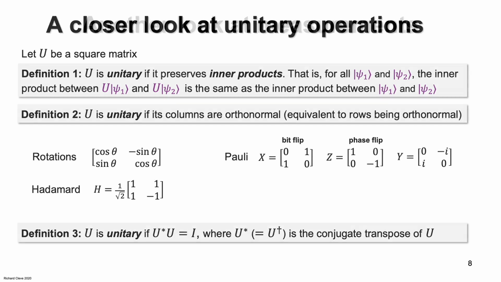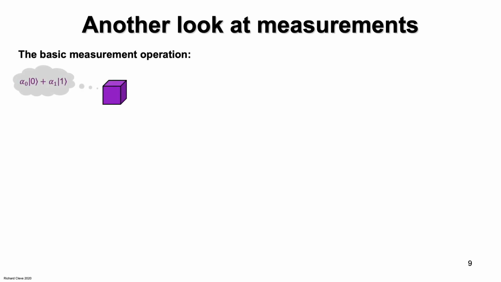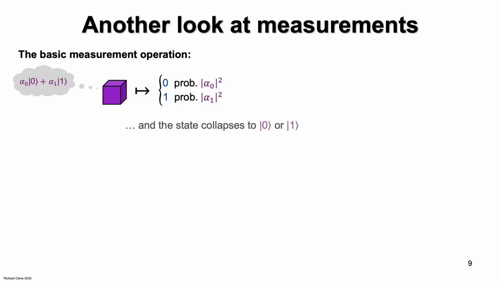Now, let's look at measurements again. Let our qubit be in some superposition of ket 0 and ket 1 with respective amplitudes alpha 0 and alpha 1. Then the result of the measurement is to produce 0 with probability the absolute value of alpha 0 squared and 1 with probability alpha 1 squared. And the state collapses to either ket 0 or ket 1, respectively.